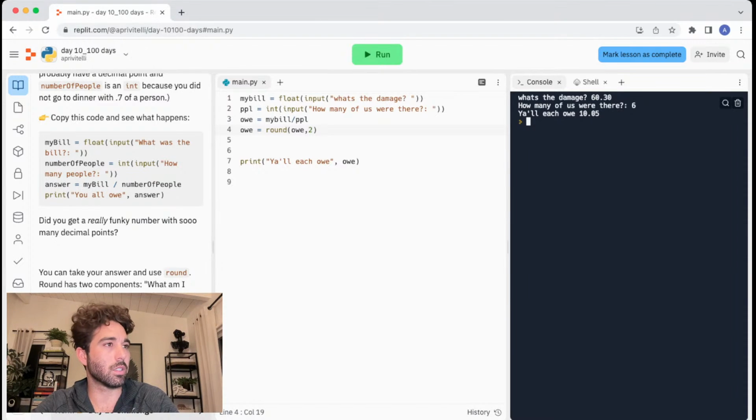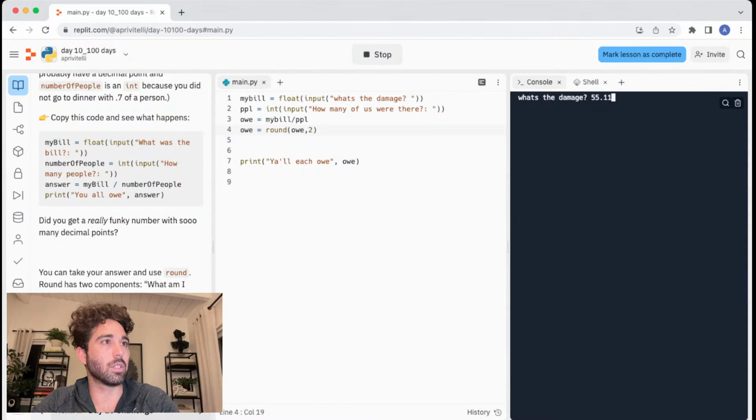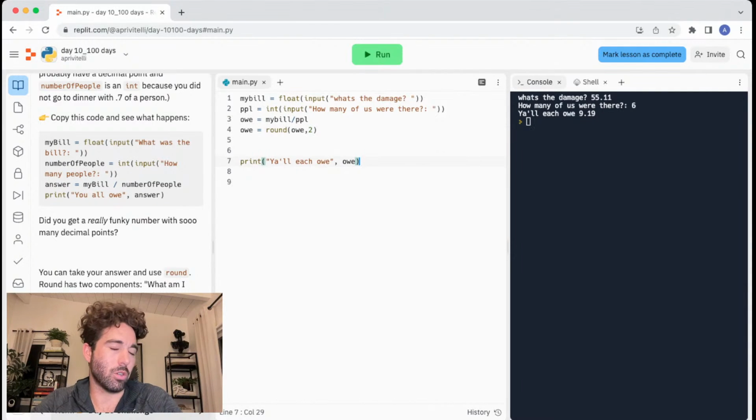Too much of an even number. 55.11, 6. 55.11 divided by 6. Cool. Rounding it up. Okay. So in this question, how much do we owe? How many of us were there?